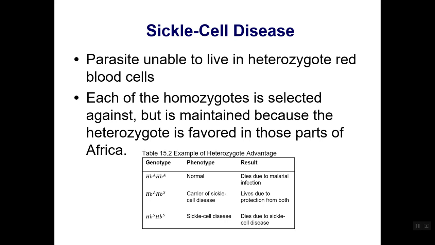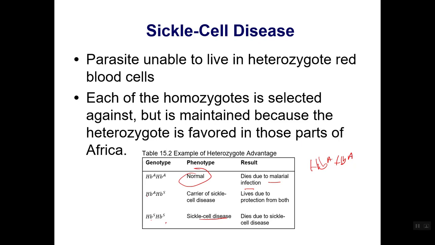All right, so each of the homozygotes is selected against in this environment. Those with HbA, which is normal, are going to die due to the malarial infection. Oppositely, the ones with sickle cell disease, with HbS as their genotype, are going to die due to sickle cell disease.